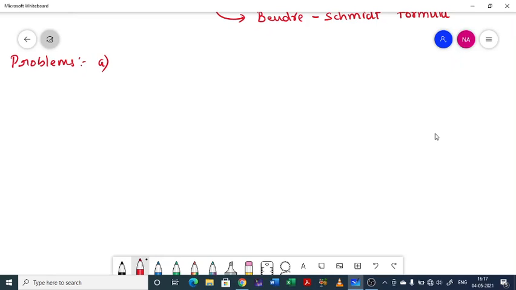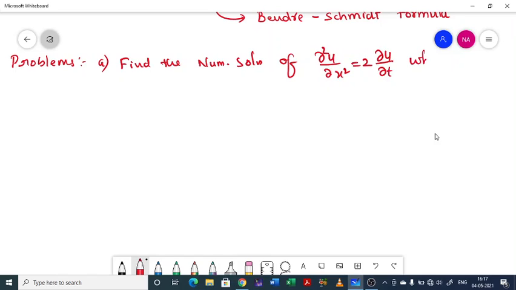Find the numerical solution of del square u by del x square equal to 2 del u by del t, when u of 0 comma t equals 0 equals u of 4 comma t.